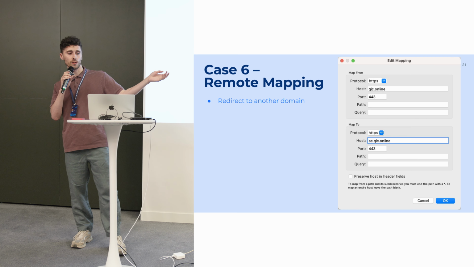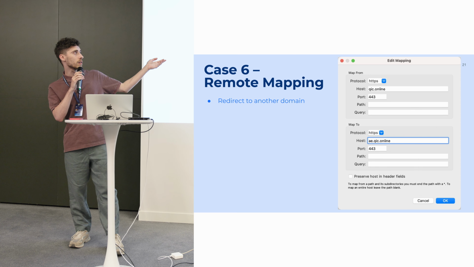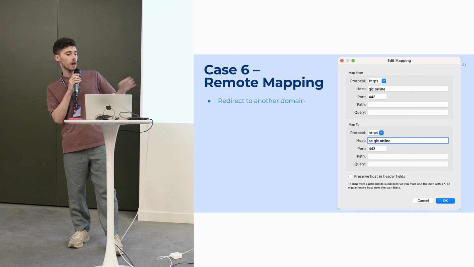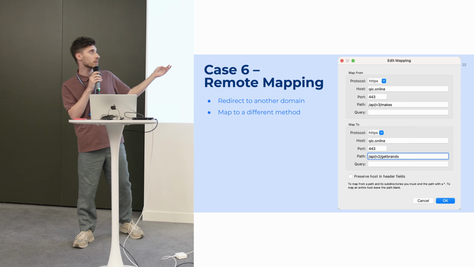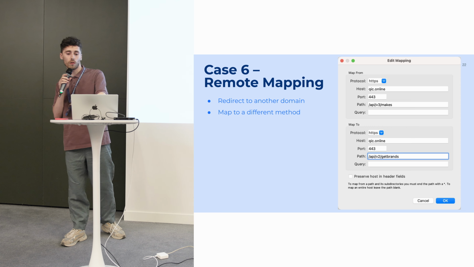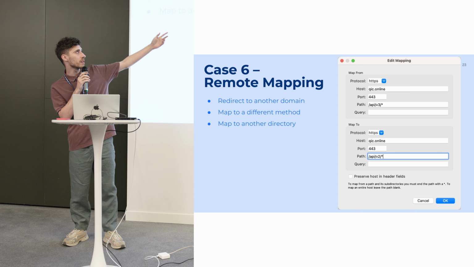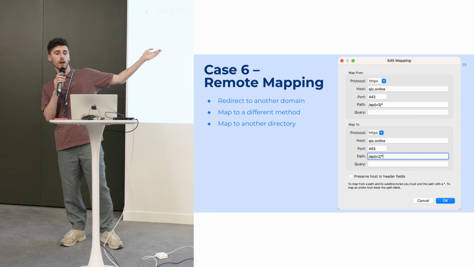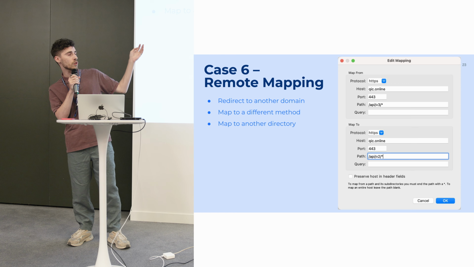Almost the same function is remote mapping, which we can also use. Here we can resend our request to a different domain. Also, we can map to different methods, and we can map to different folders or directories where these requests are stored.